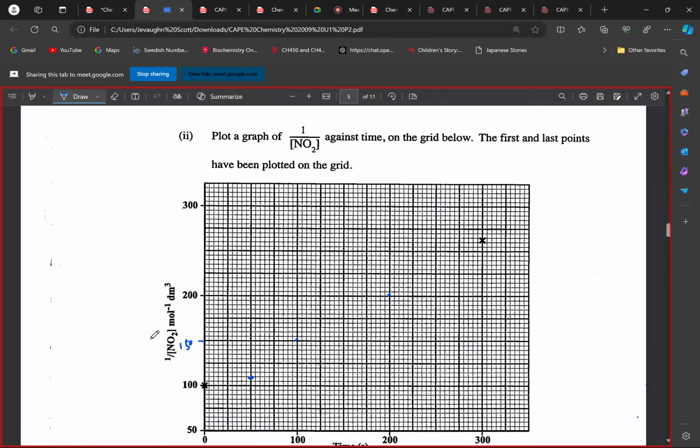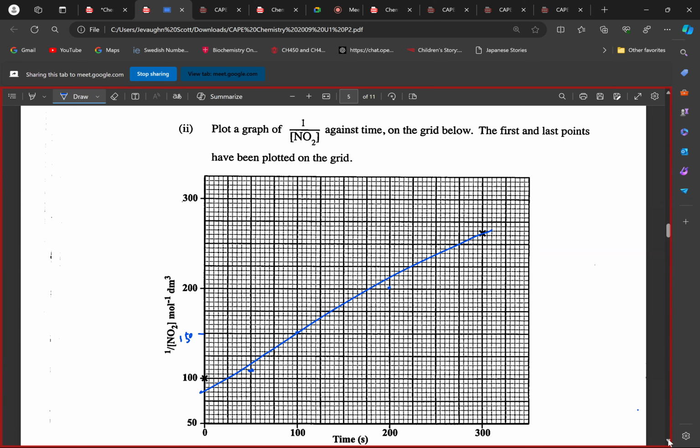You should be able to create your graphs like that, with your line of best fit passing through as many suitable points as possible. You're going to have a few outliers, but that's how a line of best fit works. So we're going to have a graph that looks like that when you plot the points.